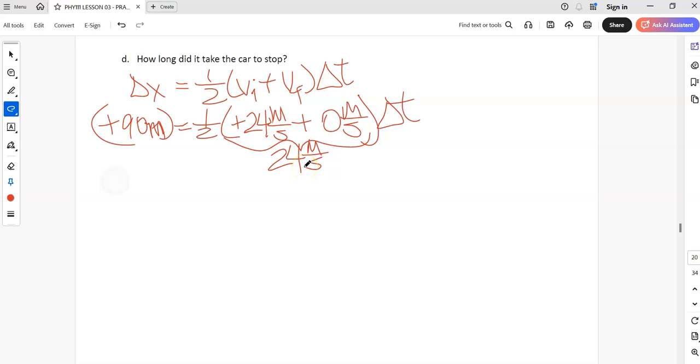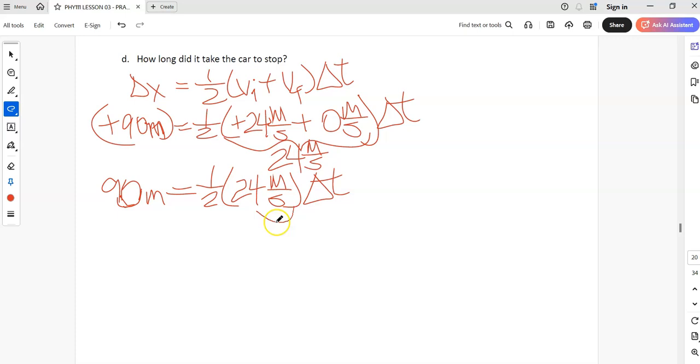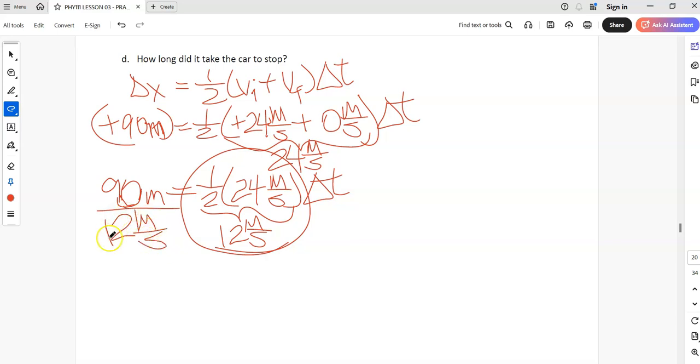So now we have 90 meters, I'll leave out the positive signs for now, equals 1/2 times 24 meters per second times delta t. We multiply 1/2 times 24, we get 12 meters per second. And we want to move this term, the 12 meters per second, to get rid of it. So we divide both sides by 12 meters per second, and dividing this just cancels that term.